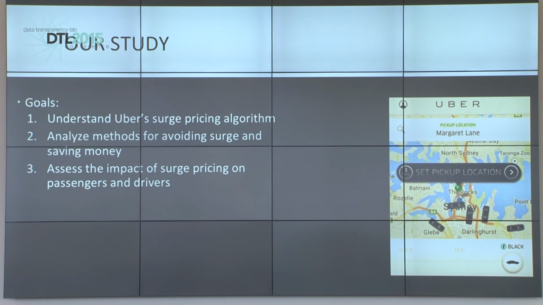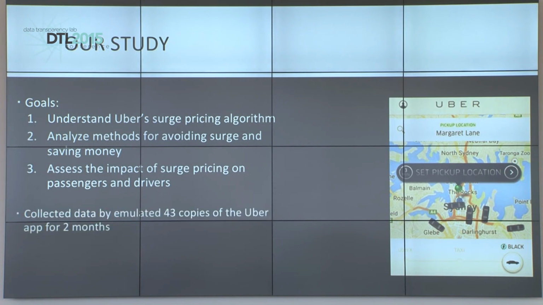So maybe there's an approach that people can use to try and save money and avoid surge pricing. And then third, and perhaps most importantly, we want to understand the impact of surge on passengers and customers. Maybe the algorithm is behaving as intended and it's having beneficial effects on drivers and customers. Or maybe it's not. Maybe the incentive mechanisms are wrong and it's actually having a detrimental effect.